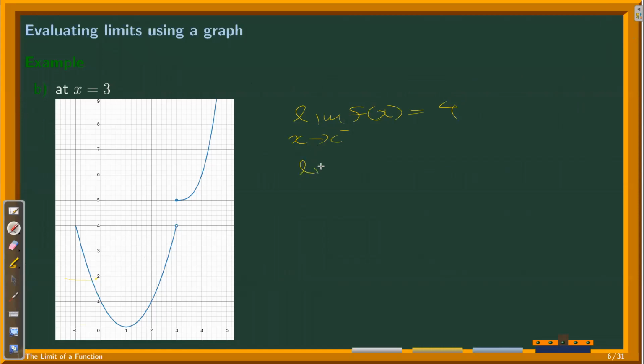Here, x goes to 3, sorry, here 3, no? f(x) 5. Okay, so these two are not equal. No, they are not equal.